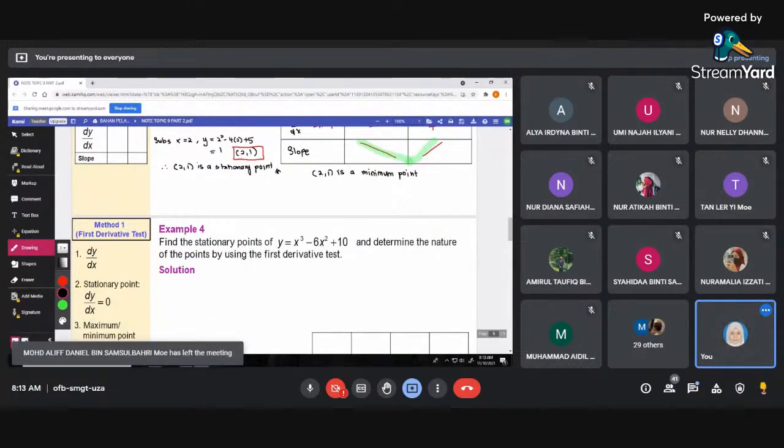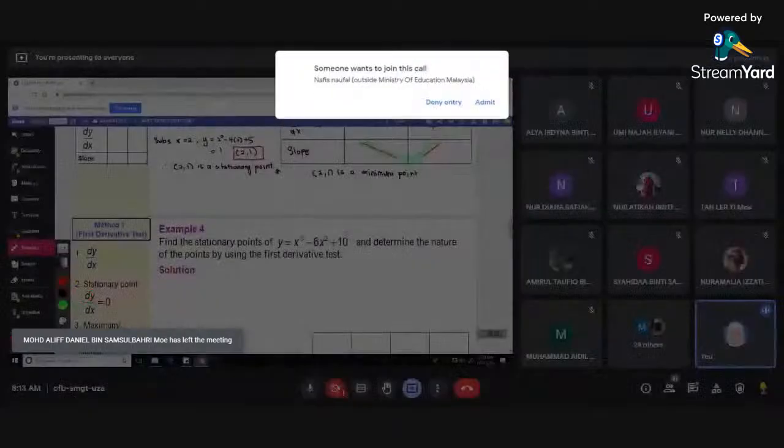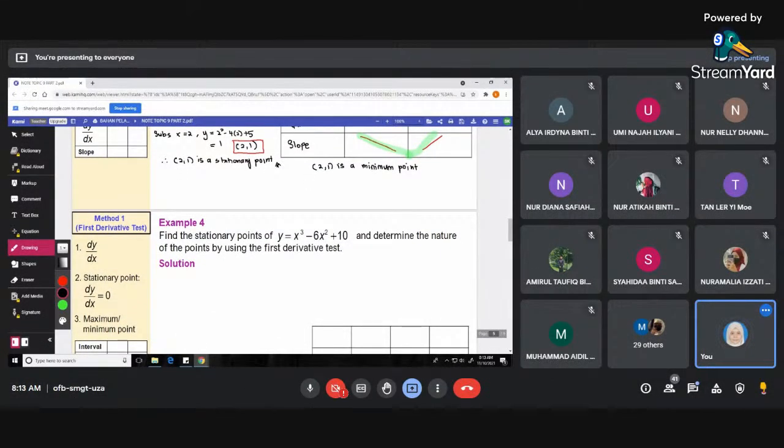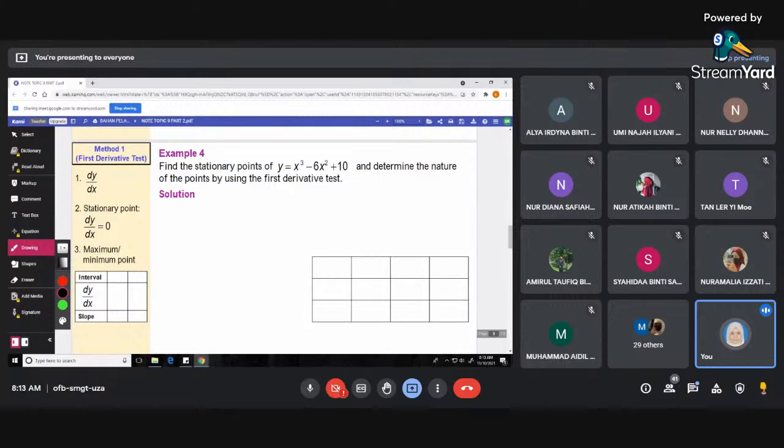Okay. So now, I want to read the example number 4. Find stationary point of y equal to x cubed minus 6x squared plus 10, and determine the nature of the point.